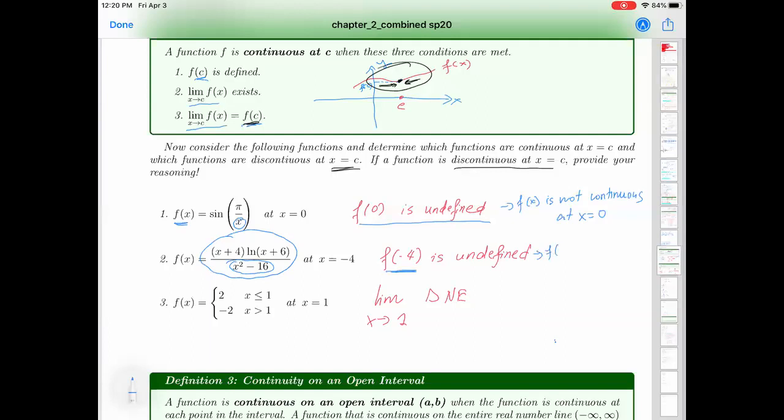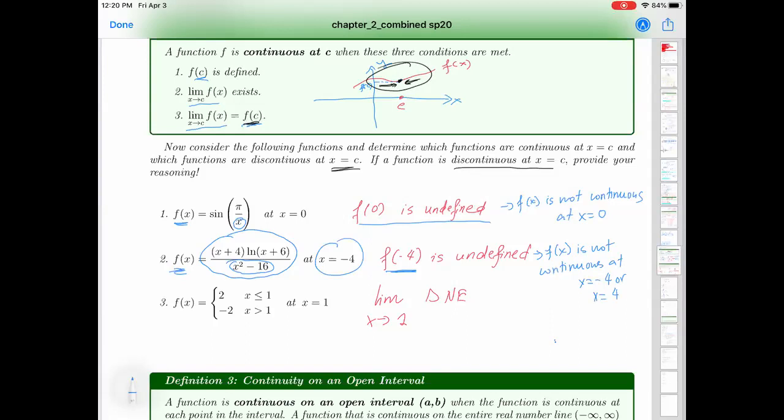That means f of x is not continuous at the point x equals -4. Also, this function f of x is not continuous when x equals 4.